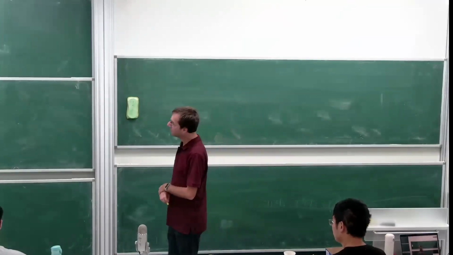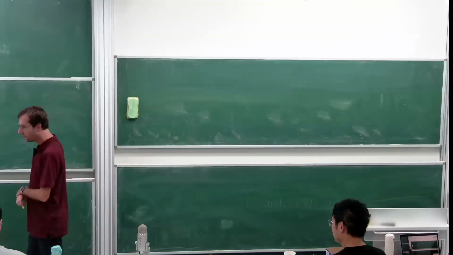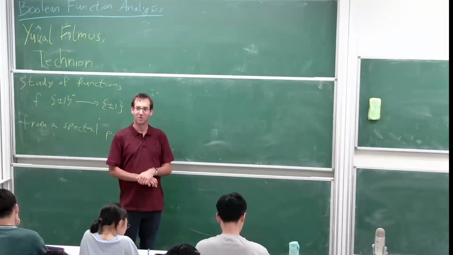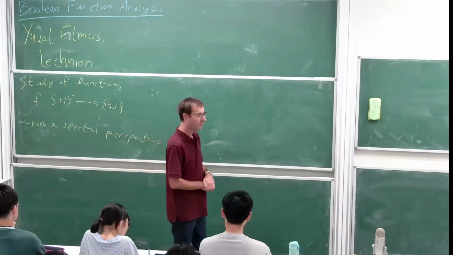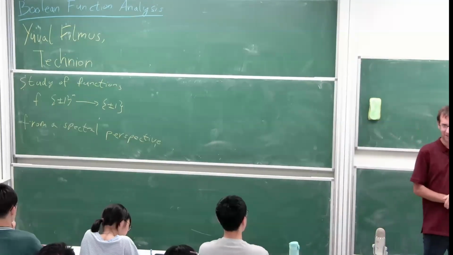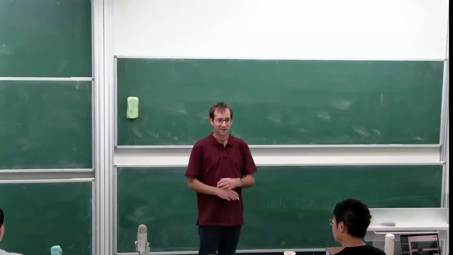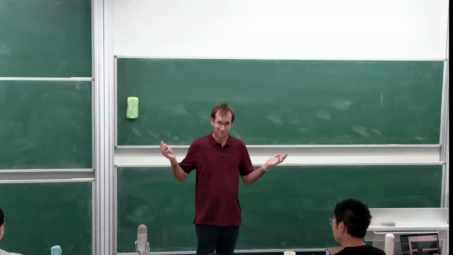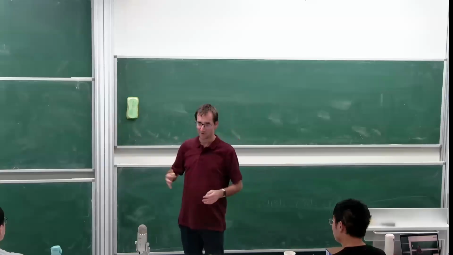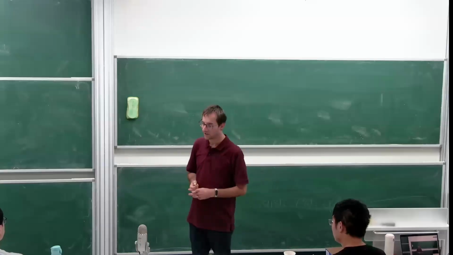And then we'll see what this spectral perspective is in a moment, but where do these Boolean functions come from? I think the first few works in this area were in social choice theory, so we will see some examples of that. There's some voting going on, and there's some function which describes the outcome of the vote. This is the function f.